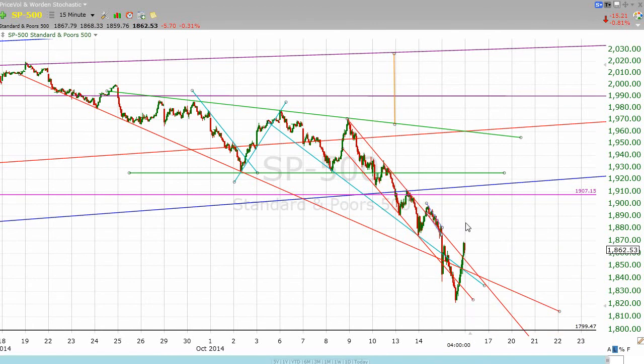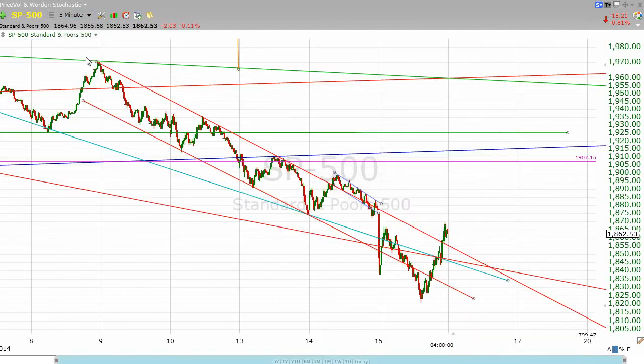So I think despite the panic that we saw, I'm kind of looking at this as potentially a sign that a short-term bottom was either put in today or is very close to being put in today.